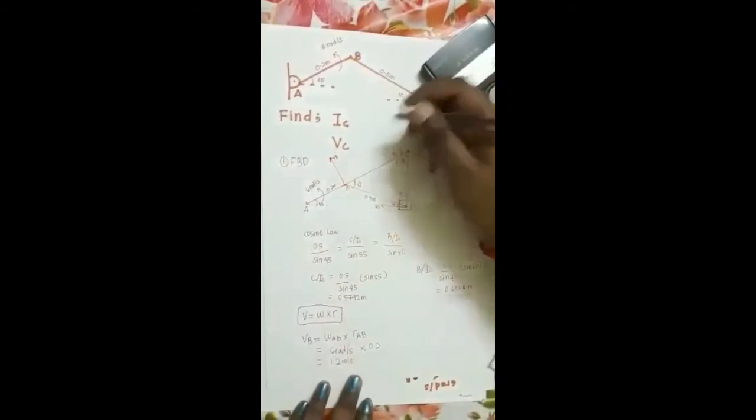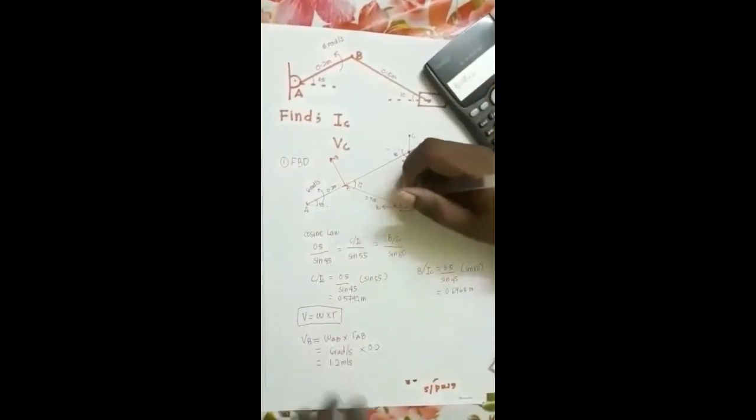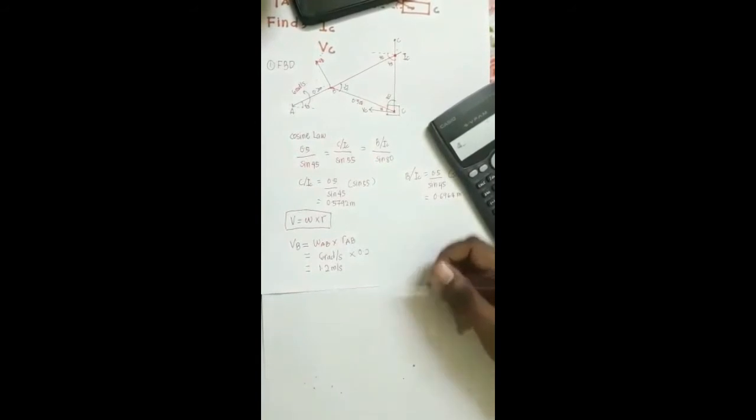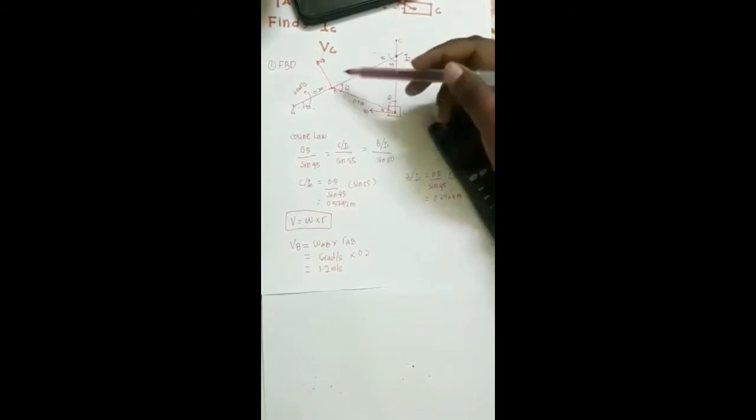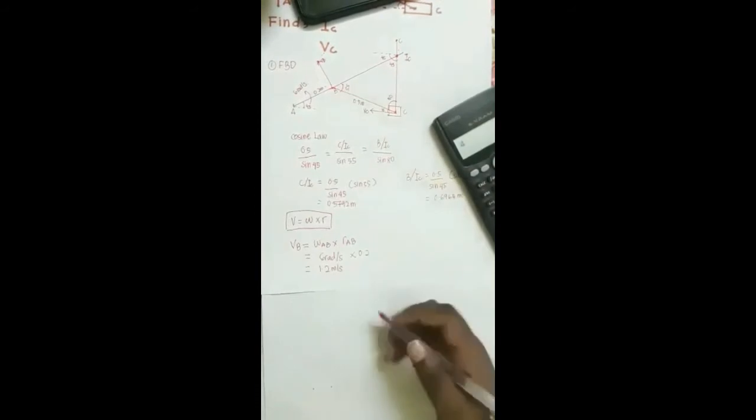Thus, now we know the velocity of VB. But the question asks to find the velocity of VC. To find out the velocity of C, we need to find out the omega BC. So, we need to use the length of BIC.